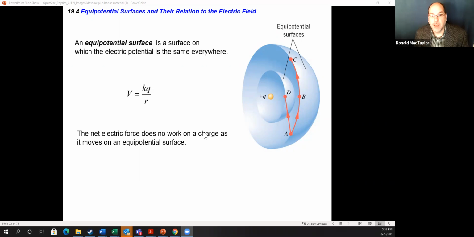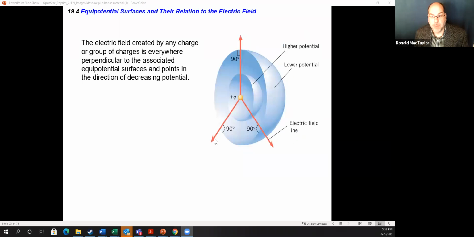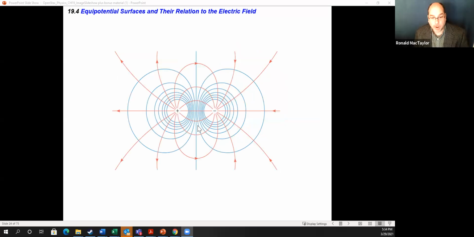So we call that an equipotential surface. And we would depict that. The electric field lines would be cutting through those perpendicular to the plane at any point, and the surfaces would be in the middle. So this is kind of our depiction of the positive and negative charge.